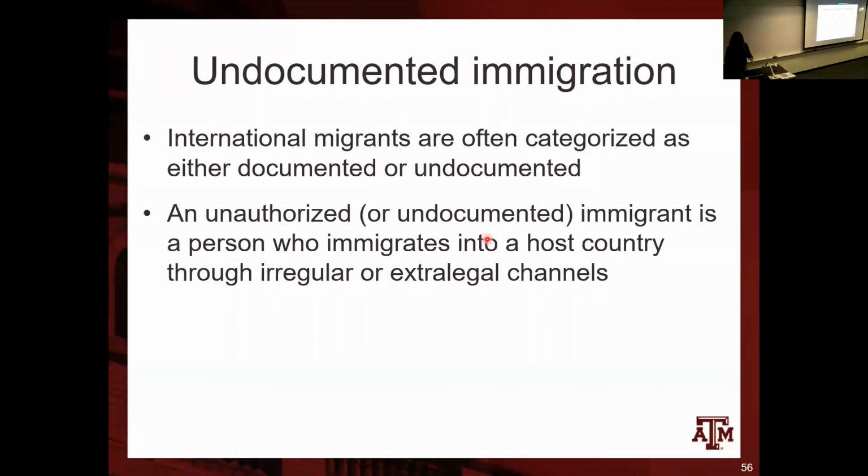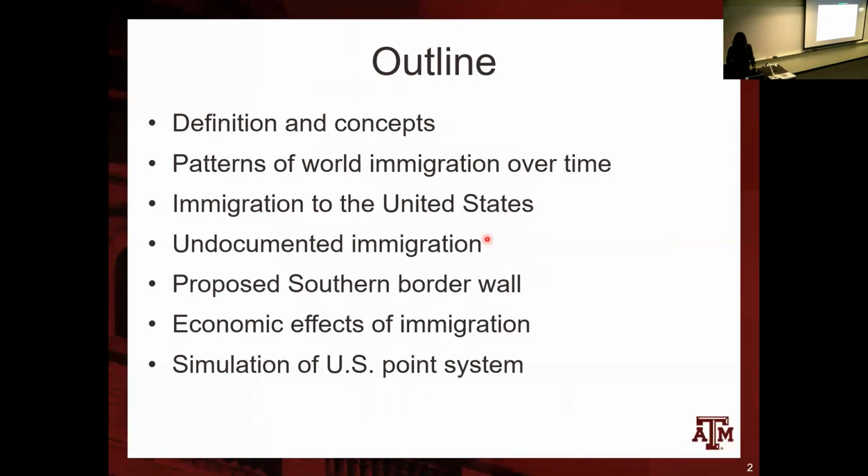So here I finished this part. It's already 2. So in the last class on Tuesday next week, I'm going to try to cover undocumented immigration, the proposed southern border wall, the economic effects of immigration. If we cover this, I'm happy. The simulation of US point system is important.